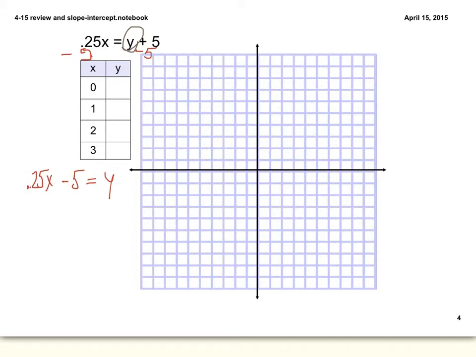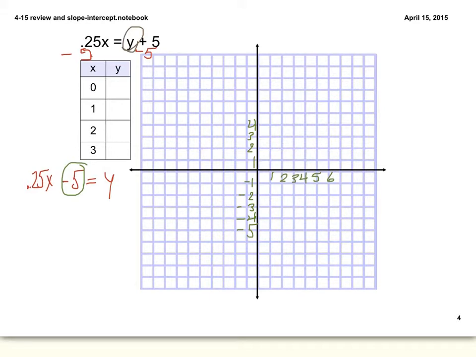So let's examine this. I'm guessing that because I have a negative 5, my line is going to cross over the y-axis at negative 5, because that's my B. So I'm going to make enough room there. That's my hypothesis. Let's see if we're right. And just in case it goes up into the first quadrant, I'm going to label it 2.